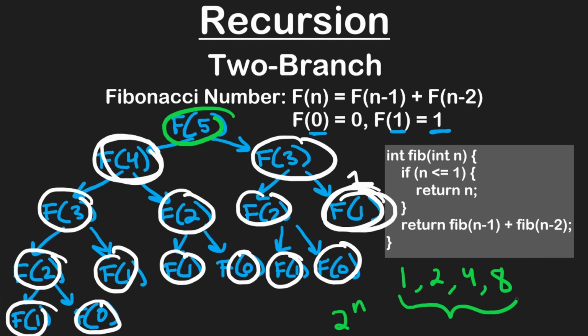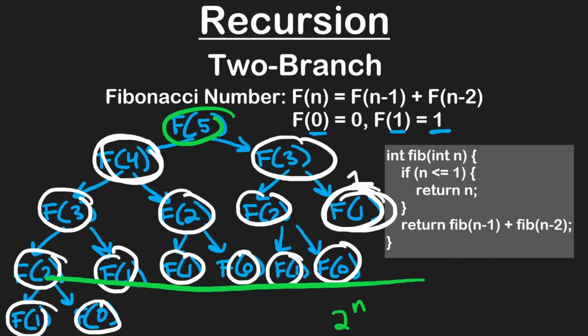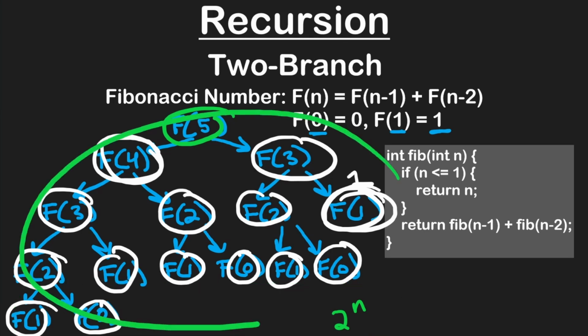It's called the power series. It's always dominated by the last term. So 8 is going to be greater than or equal to all the previous ones combined. If we add a value 16, it's going to be greater than or equal to all the previous combined. So what I'm saying here is that this is an upper bound for the last level. That means it's also an upper bound for the total number of values in this decision tree.